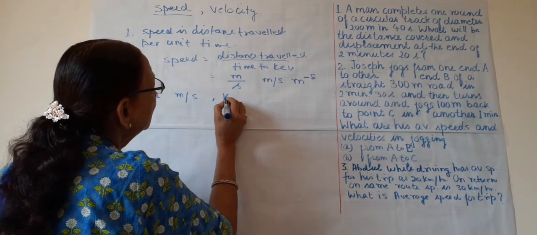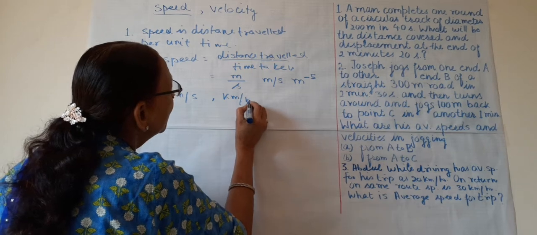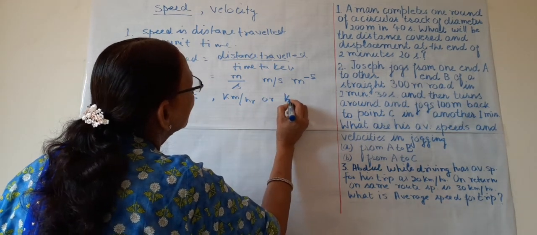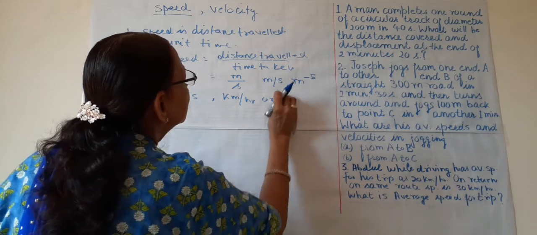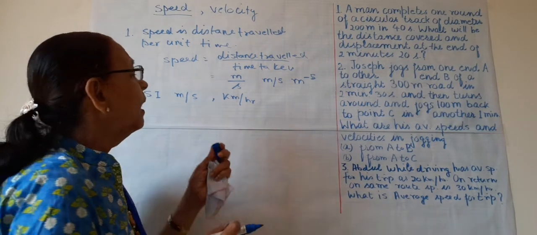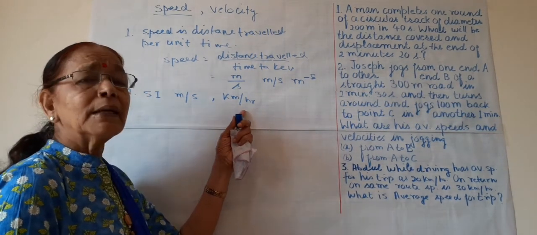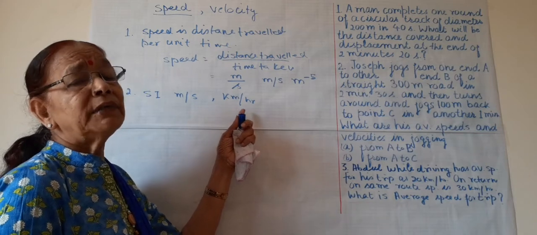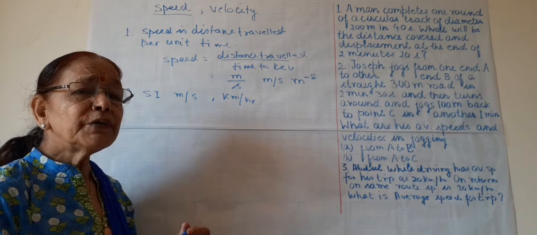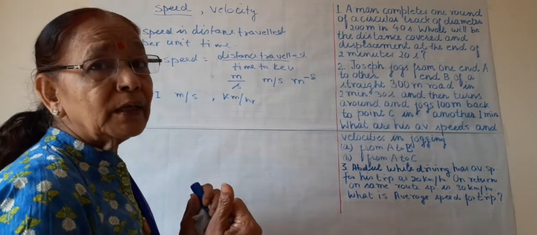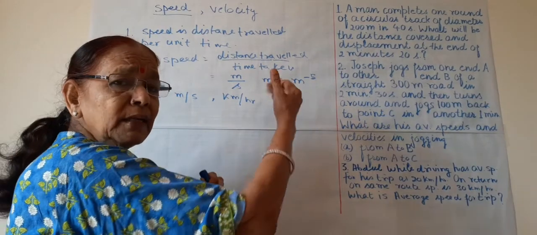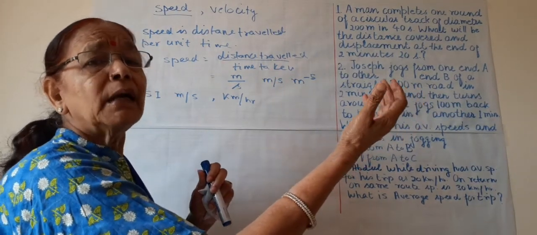Other units are kilometer per hour. Normally in our numericals, kilometer per hour is given as the unit of speed, because we know if a car is going, the car will travel a long distance, not in meters or seconds but in kilometers and hours.